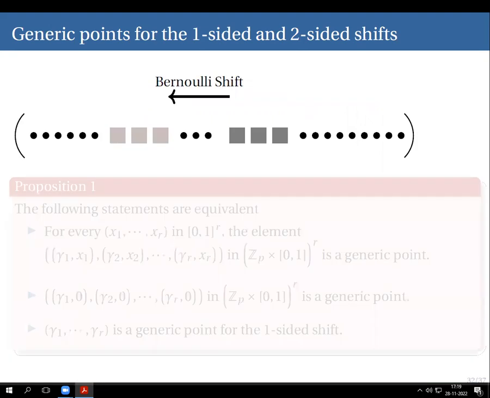And intuitively, the idea is that it's a left shift, so you can eventually move everything to the left side. So if you want a pattern here, it will come from a pattern here, because eventually you will move the pattern from here to here.